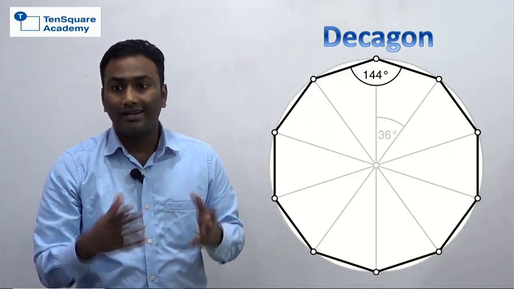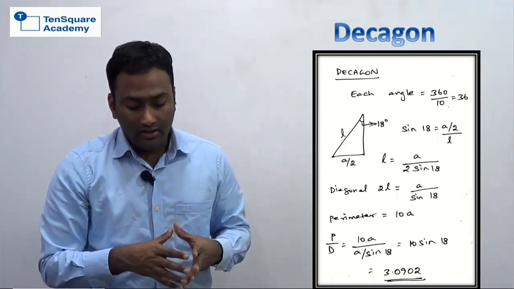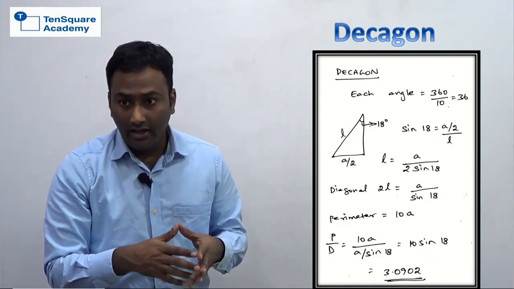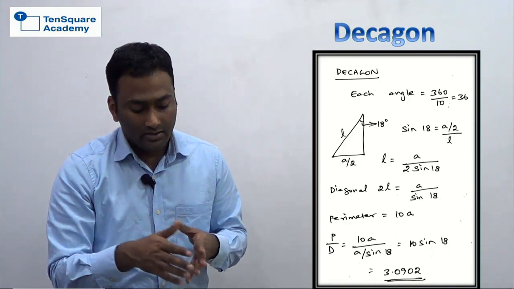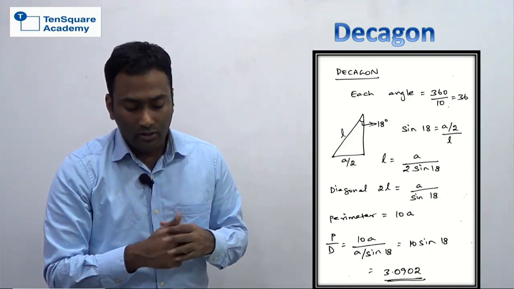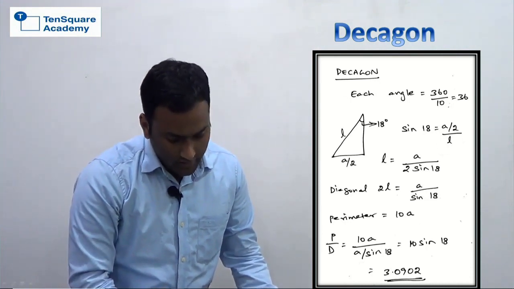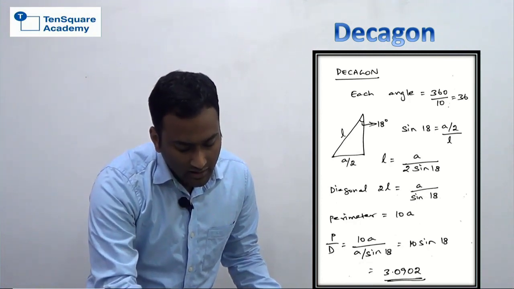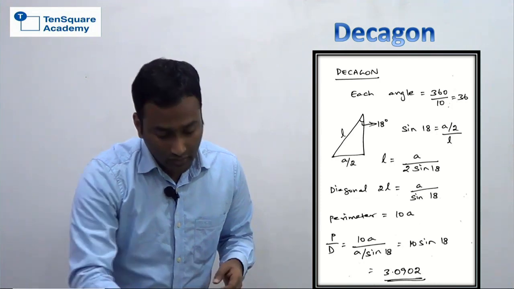A decagon has 10 sides, so each angle is 36, and half of that will be 18. In the right angle triangle, we have sine of 18 equal to opposite by hypotenuse, which is a by 2 divided by L. The length L is equal to a by 2 sine 18.